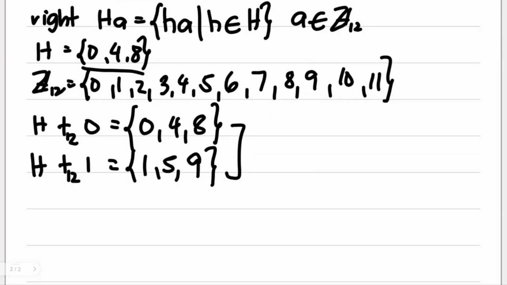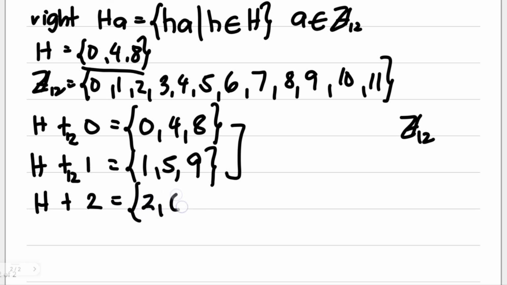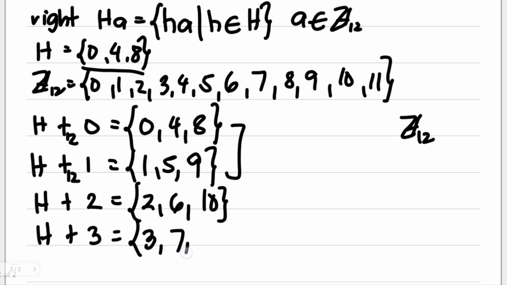How did this happen? This is because our operation on Z12 is actually addition modulo 12, and it's commutative by nature. It's an abelian group. If we have an abelian group, aside from the number of left and right cosets being equal, the left and right cosets are also identically the same. If we continue to 2, 0 plus 2 is 2, 4 plus 2 is 6, 8 plus 2 is 10, and with plus 3, we have 0 plus 3 is 3, 4 plus 3 is 7, 8 plus 3 is 11.